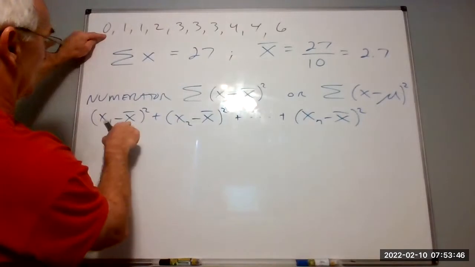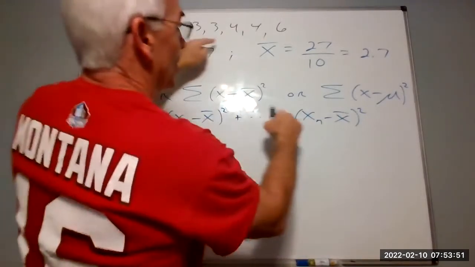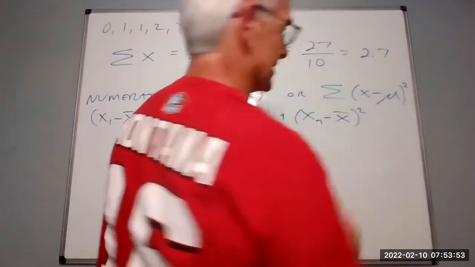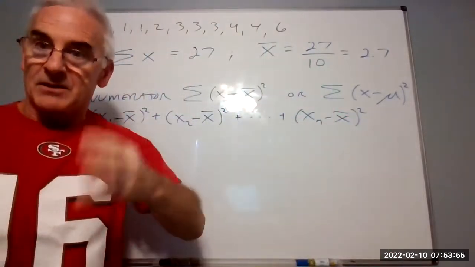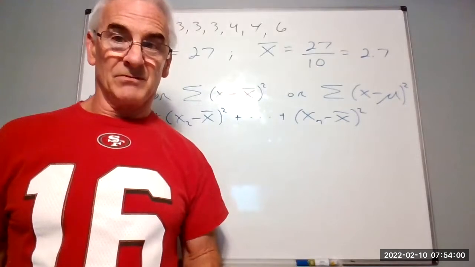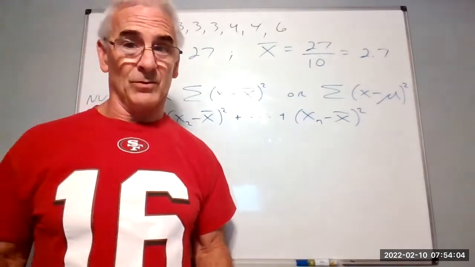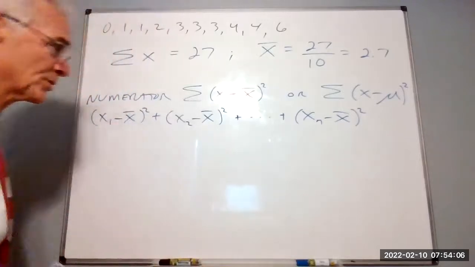We said 0 minus 2.7 squared. Then we said 1 minus 2.7 squared, all the way down to 6 minus 2.7 squared. And then we did it on our calculator, and that was fine. I give you 10 values. What if I give you 100 values? Ooh, that would take a lot longer to do. So I would value a shortcut.